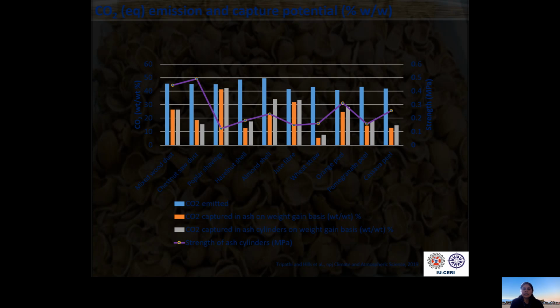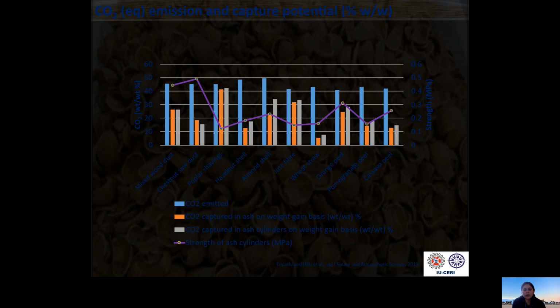But still, this was quite promising, that the amount of CO2 emitted during incineration or combustion was quite comparable to what was taken up by the ash when we put carbon dioxide back in the material. Some of these bars you can see are quite similar, in the same range. So this was a quite promising result.